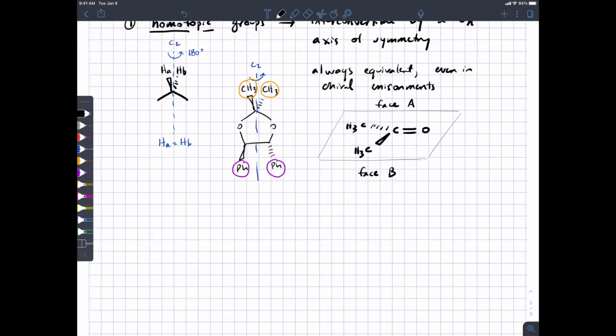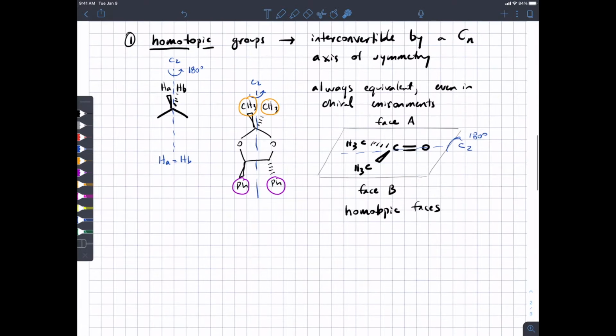And if I rotate around this C2 axis by 180 degrees, face A becomes face B. They're exactly the same. And so we would say this ketone has homotopic faces. And this is important because you think about a nucleophile attacking this molecule, a nucleophile can't distinguish between homotopic faces. They're exactly the same. So there's no way to say, well, I want a nucleophile to only come in on face A versus face B. It's the same thing. Okay? And that can lead to predictions in terms of reactivity.